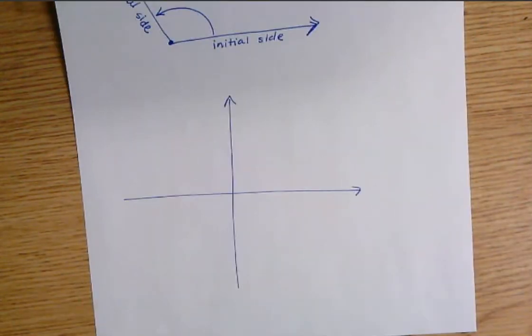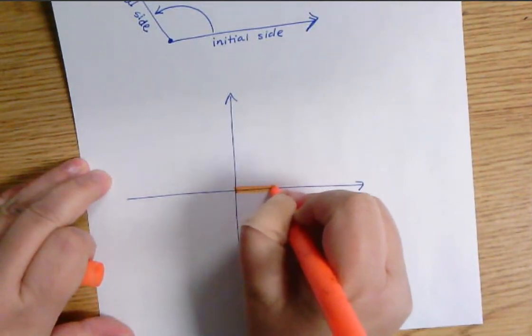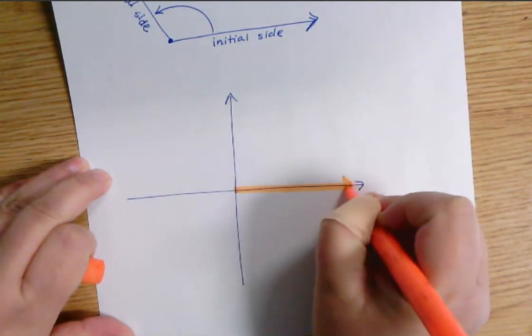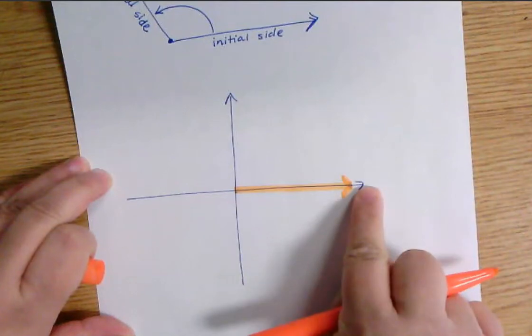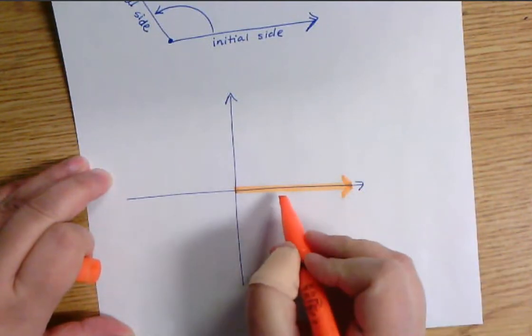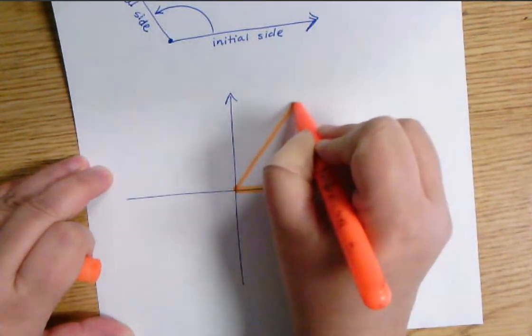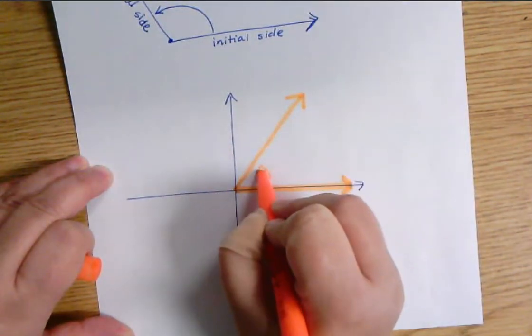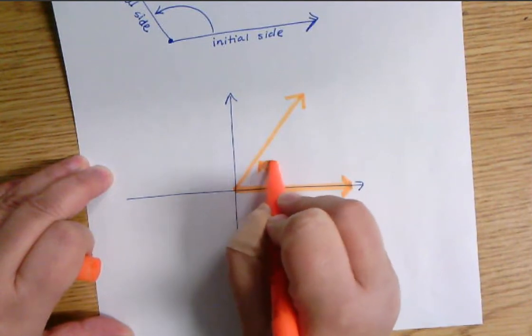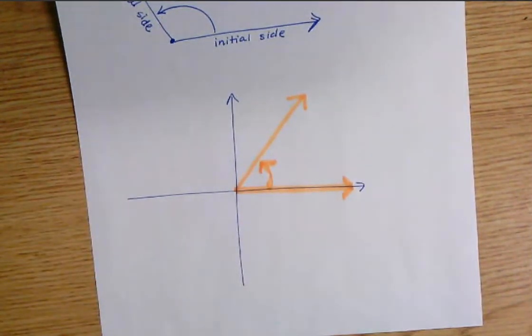So if we think of it on the coordinate plane, the initial side is along the positive x-axis. Here's the x-axis, and the initial side goes out in this direction, and then my terminal side can go anywhere else. The angle I'm interested in is between them. We're trying to figure out how many degrees that is, or if we're using radians, how many radians that is. And we're going to talk about that in a second.